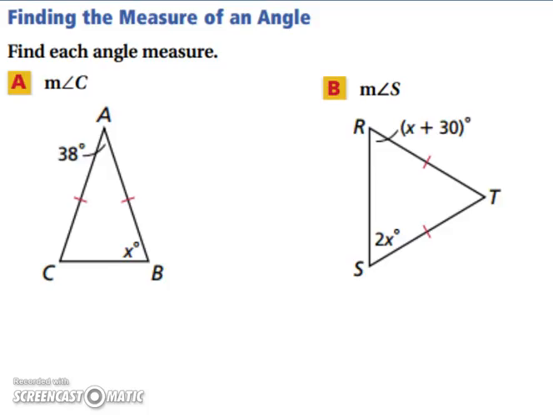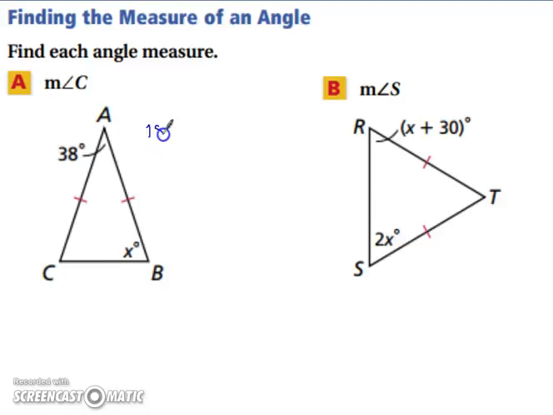Let's find angle measures. Find each angle measure. The measure of angle C is what we're looking for, and we know the measure of angle A is 38. We have an isosceles triangle, and we know that a triangle is 180 degrees.